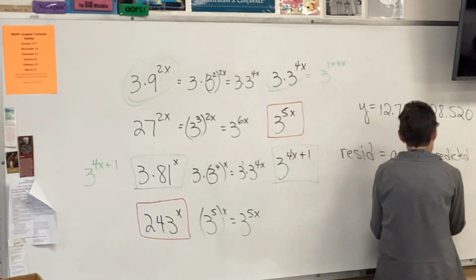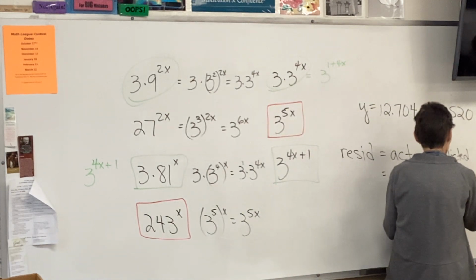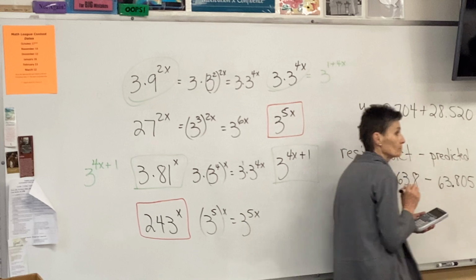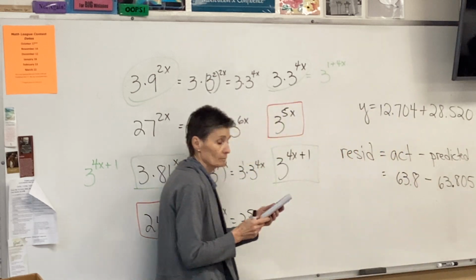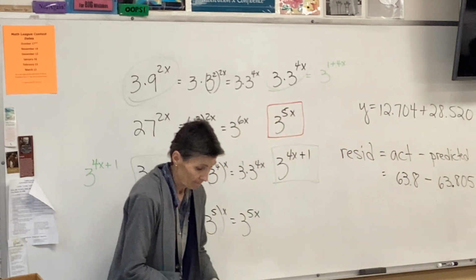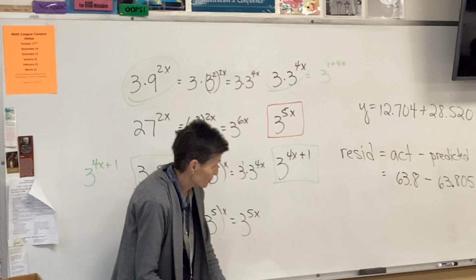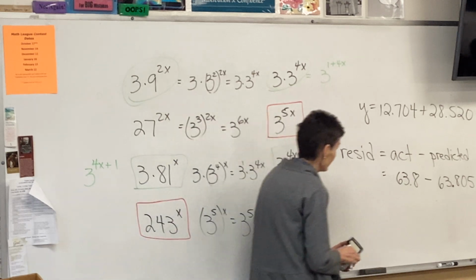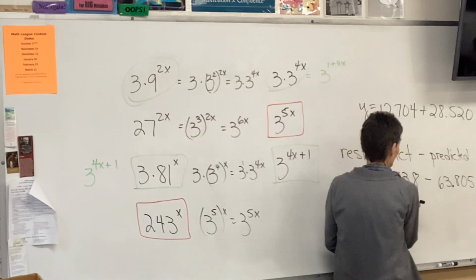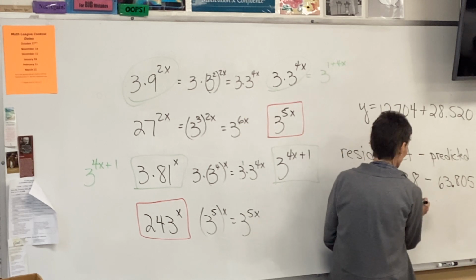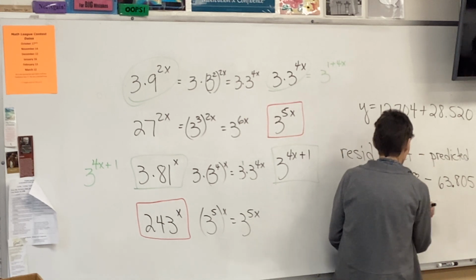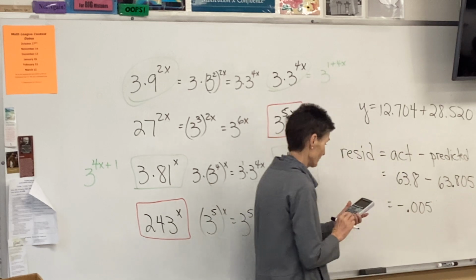So I got 63.805. So my residual is, what is that, negative .005, did I subtract right?